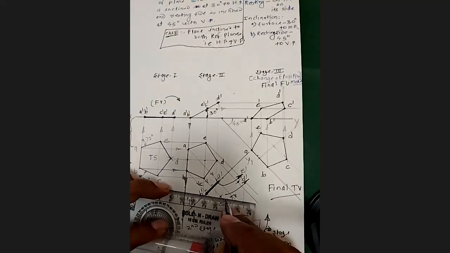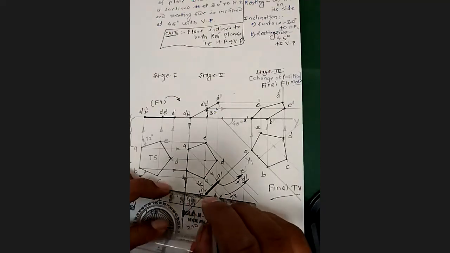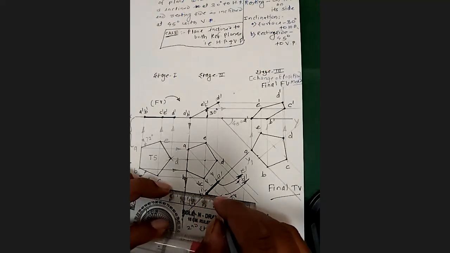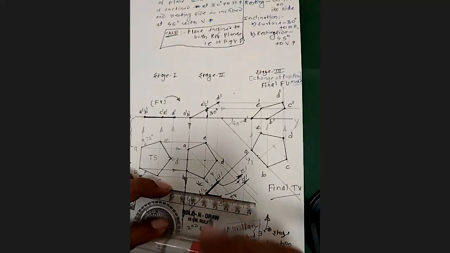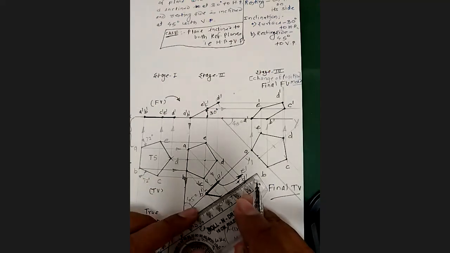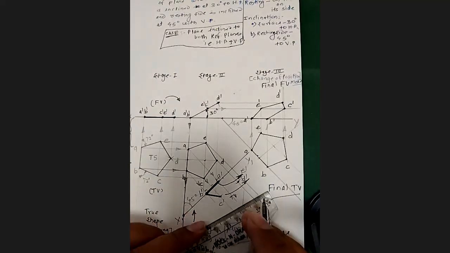And why I am showing it with the previous answer is so that you will understand the actual difference in how the change of position method and the auxiliary method procedures are. Secondly, you will understand that the answer you are going to get will be absolutely similar.